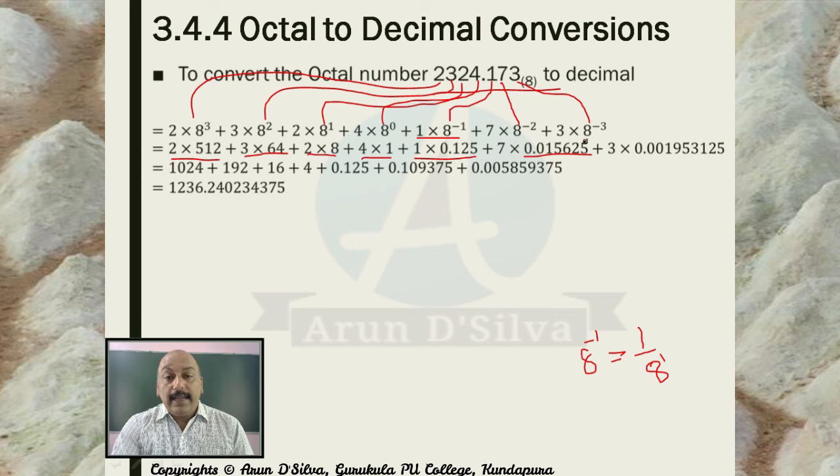In the same way, the next term is 3 into 8 to the power minus 3. 8 to the power minus 3 is 1 by 8 to the power 3, and 8 to the power 3 is 512, so 1 by 512 gives 0.001953125.